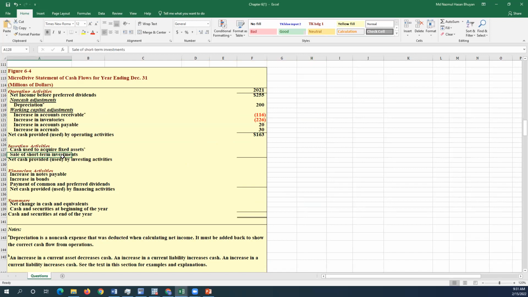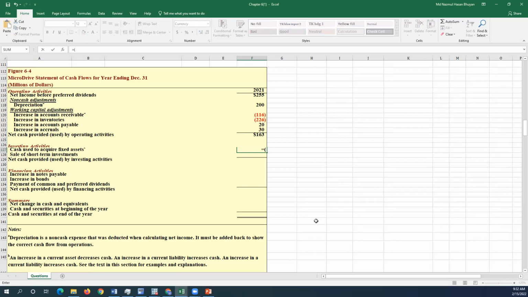Now let us see how much cash we spent to acquire fixed assets. The money we spend for capex or acquiring fixed assets is our investment, and whenever we invest, it is our cash outflow. Whenever we divest, that means we sell off our assets, it is our cash inflow.